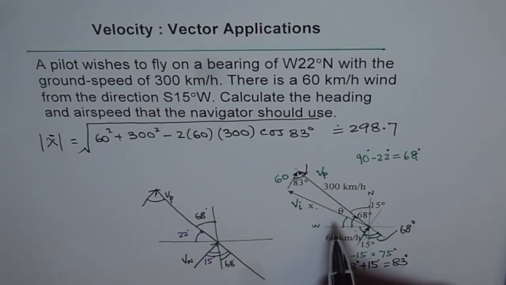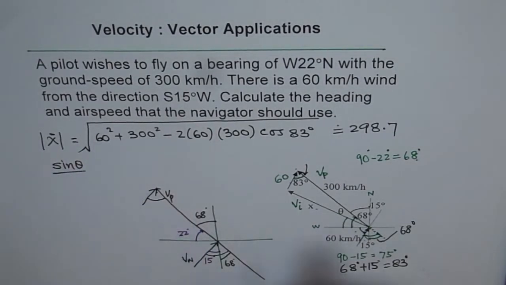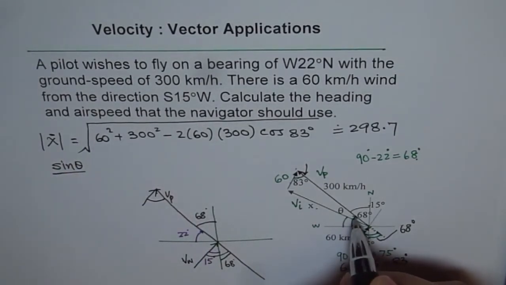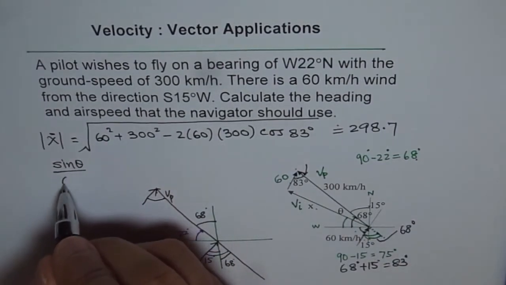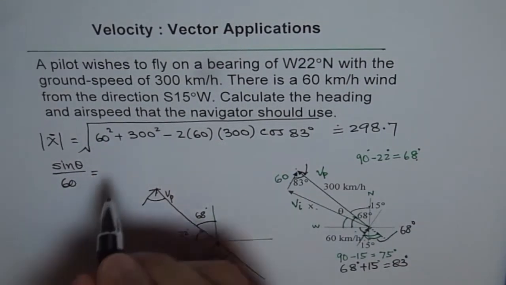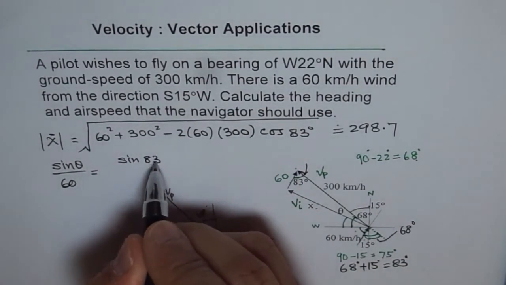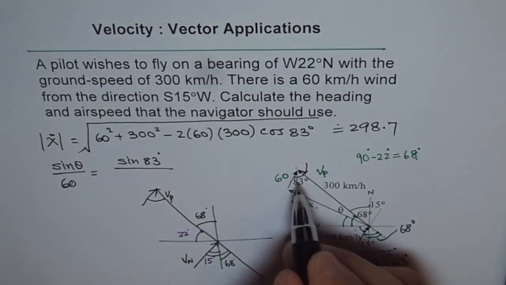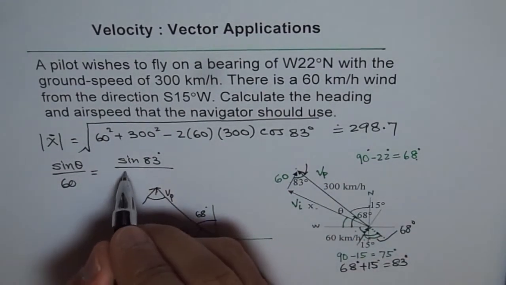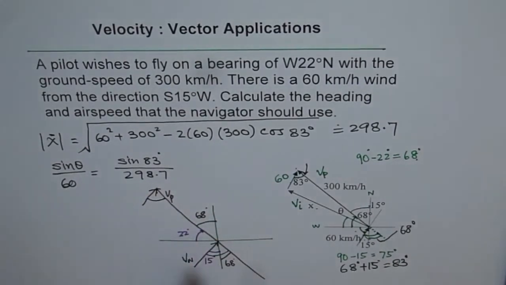So sine theta over the side opposite to this theta angle, which is 60, equals sine of 83 over, we just calculated this velocity, which is opposite to 83, 298.7, correct?